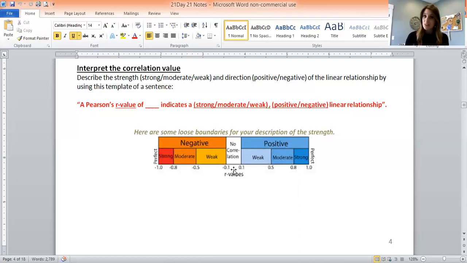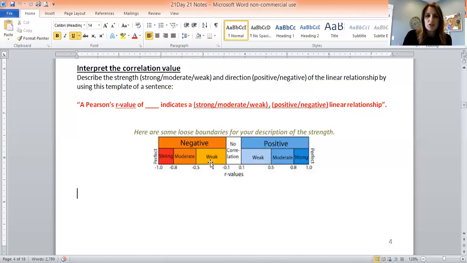Okay, so I can use that number and interpret it the same way as I would the graph, right? So I could say with a Pearson correlation of 0.9, so that would be a strong positive, I would say that I have a strong positive linear relationship between my X and my Y, right? So that would be an example of that.